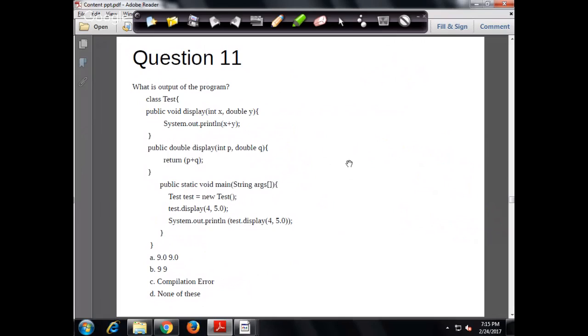Again, it's a big piece of code, but the trick is the same. There is something wrong over here. Ankit says C. I think I've given a big hint.